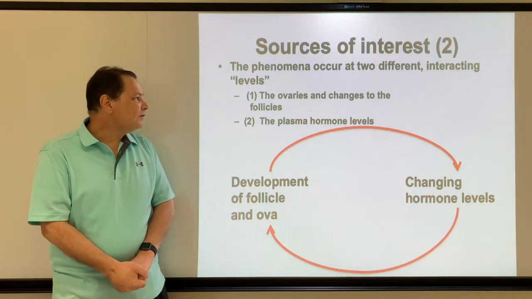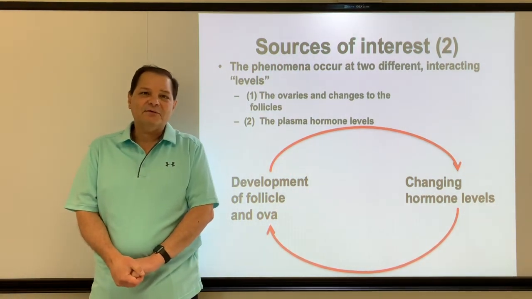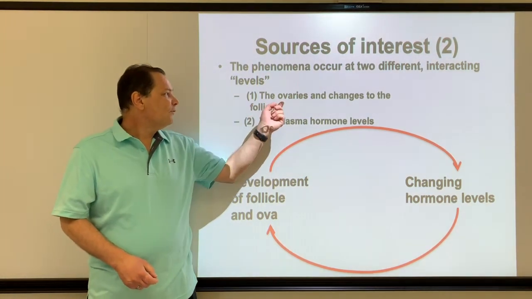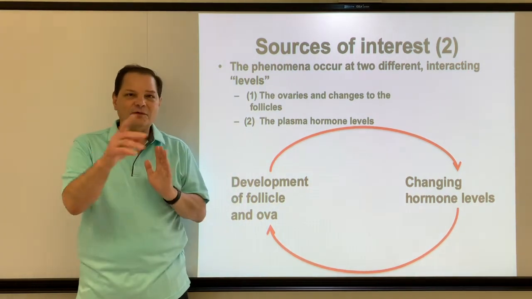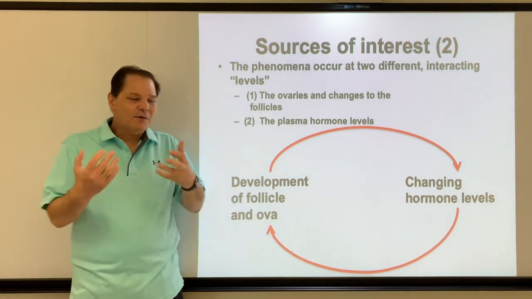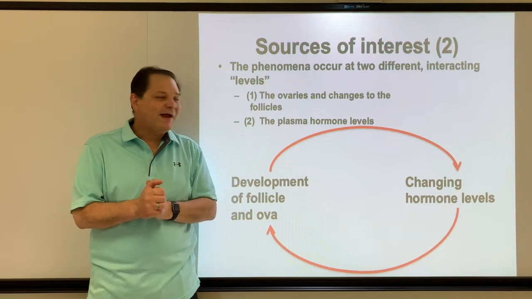It is cyclical on a couple of different levels, which is why we're going to go through this cycle at least twice. The development of the ovaries and the changes to the follicles take place over the course of this cycle. In other words, you have these ovaries, they develop these eggs.